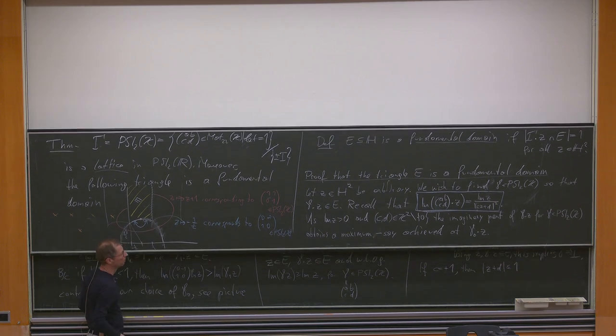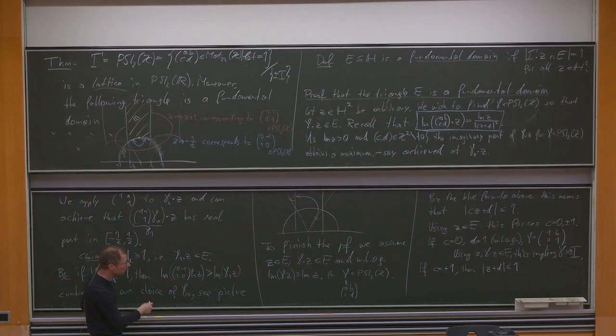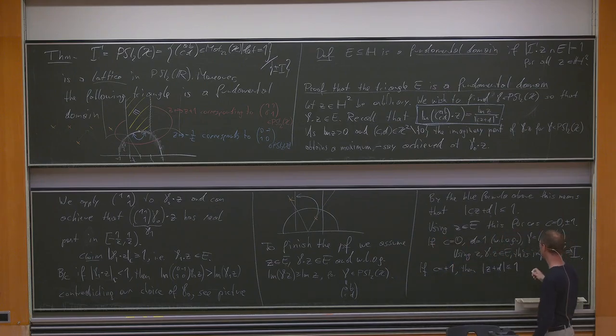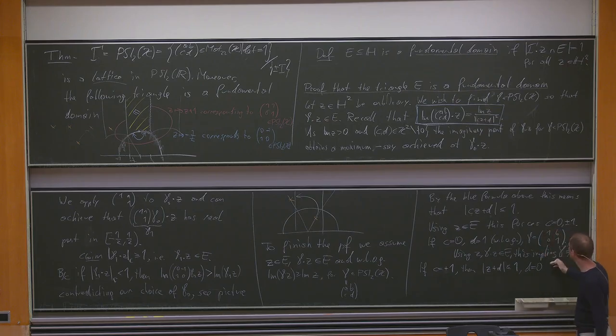So what I'm trying to say is if c is equal plus 1 and z plus d is less or equal than 1, then d is equal to 0, and we are back to something similar to the previous discussion. No, not quite. D is equal to 0.